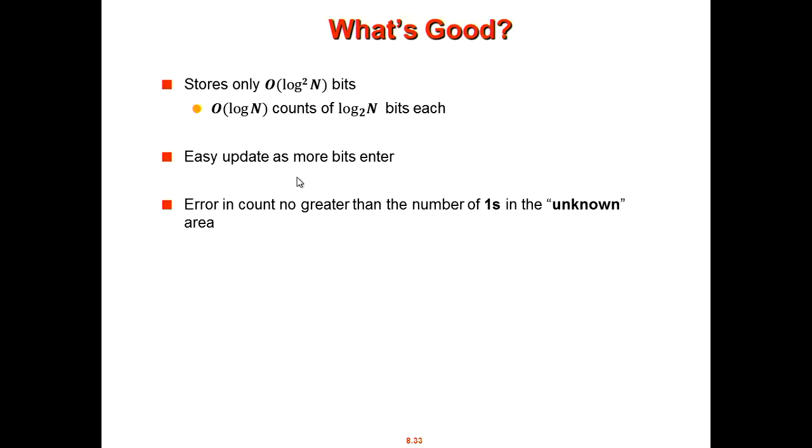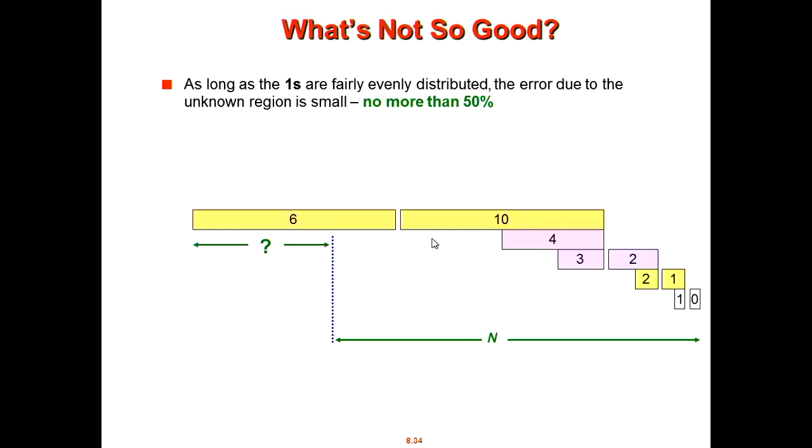And the update is very easy. If more bits come, you just need to update the regions and update the number of ones as well. And the error comes here. There's an unknown error, so for that part you have some error.